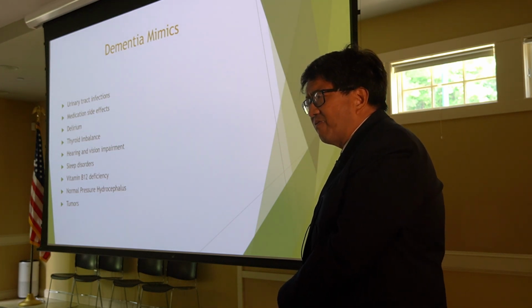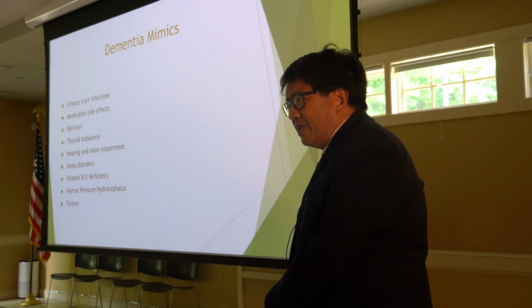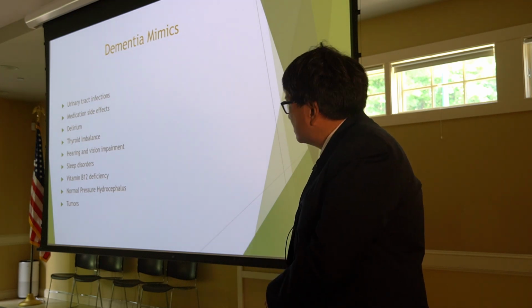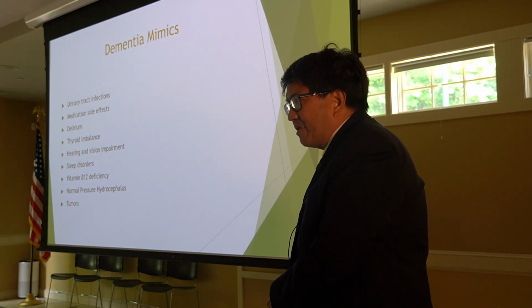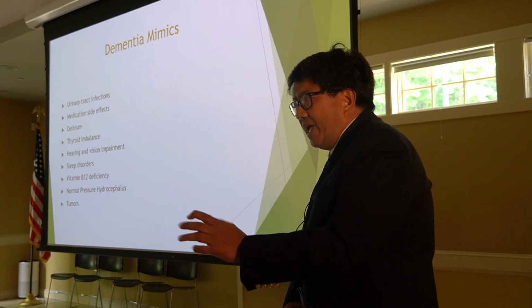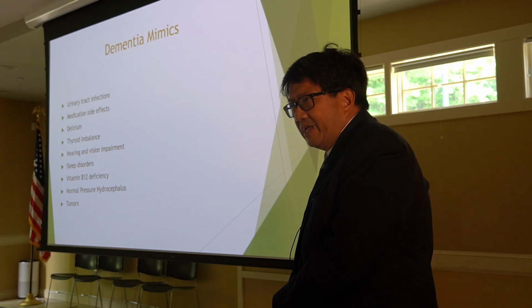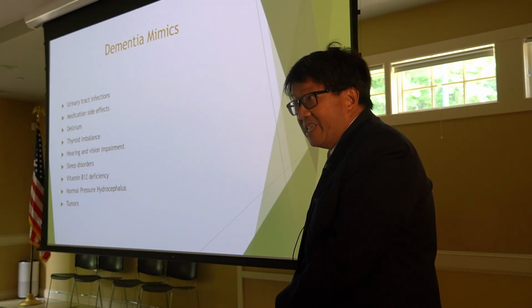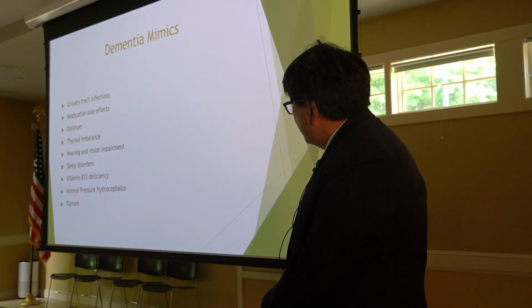So I looked into it further, and I did another cognitive test, and she was almost back to normal, but not quite. So I looked at her medications, and I changed one of her seizure drugs to a different drug, and she was back to her normal self. And so we were able to say that she wasn't demented, and she really didn't have Alzheimer's. It was the medicine that was causing her issues.